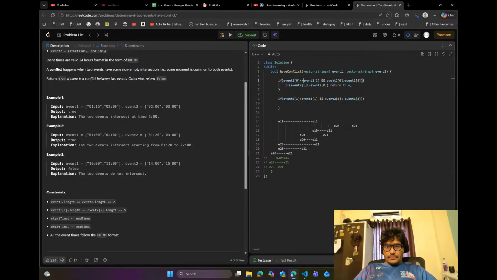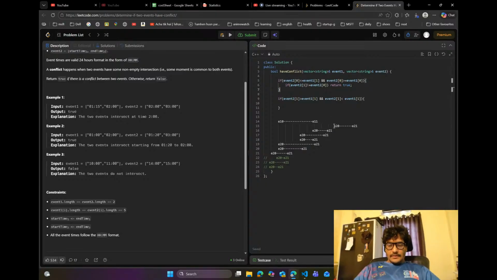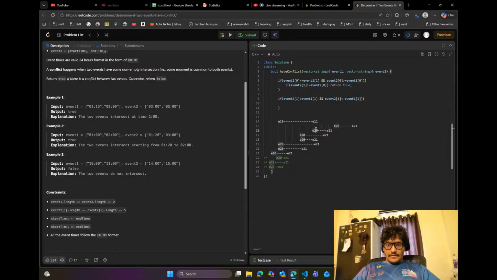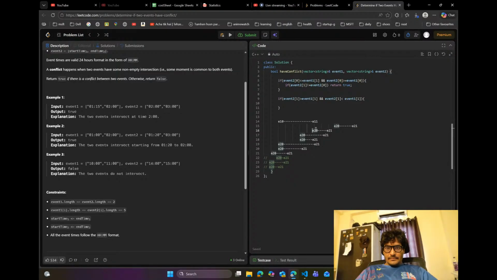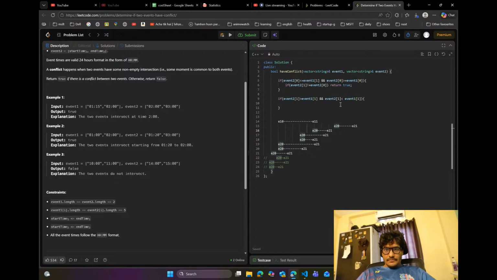Here we can even use the equal sign, and not here. It starts.